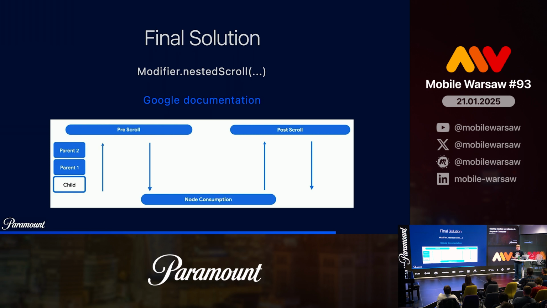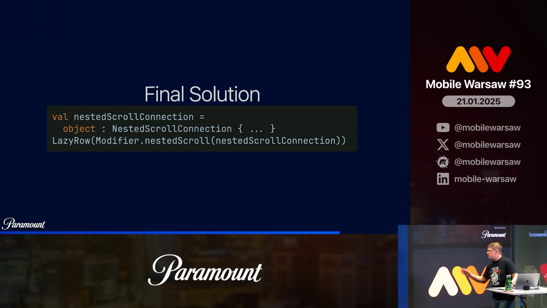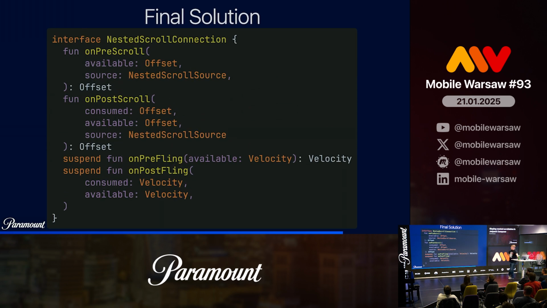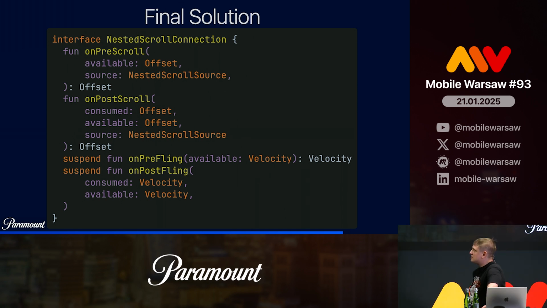How to implement it in code? It would look somehow like that. We need to create the nested scroll connection, which is an implementation of the nested scroll connection interface, and we need to pass it to the nested scroll modifier. The nested scroll connection interface has 4 methods.